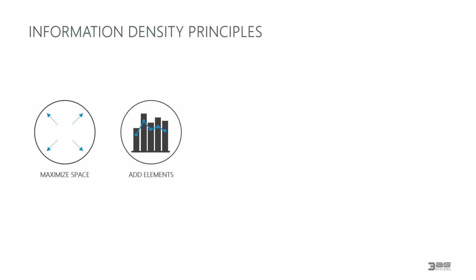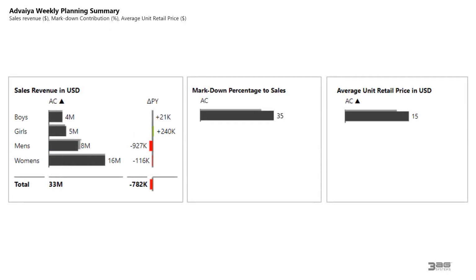So what I'm going to do is borrow the same technique that I used to show the deltas between previous and current years, and then apply it to the two charts that we've just added. Now, here you can quickly and immediately see that this year we have 7% more marked down sales compared to last year.